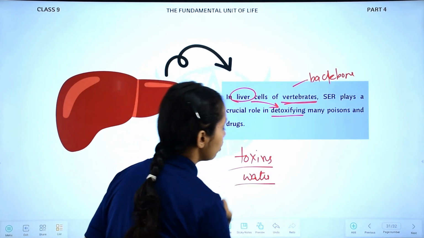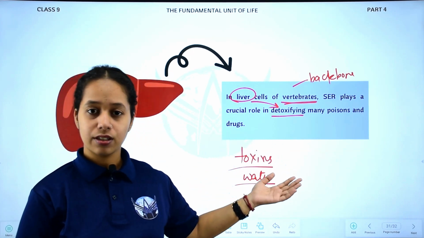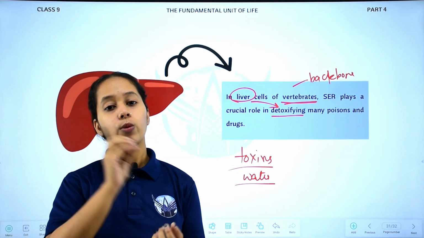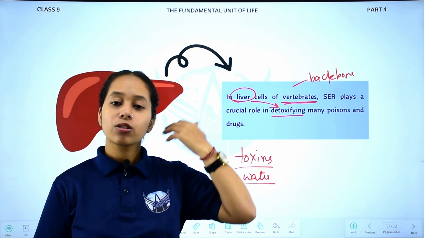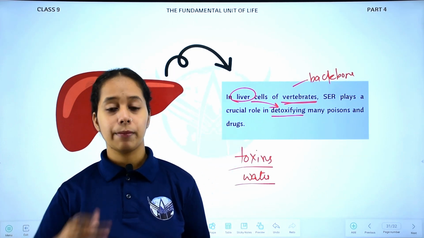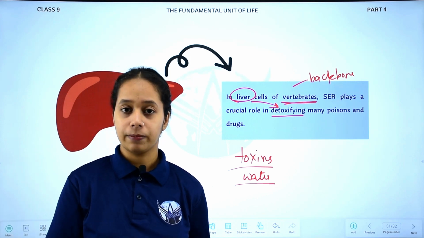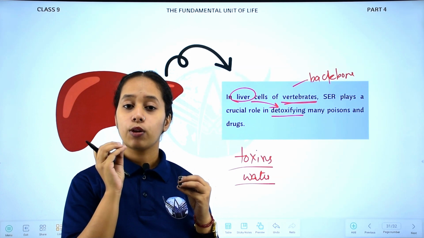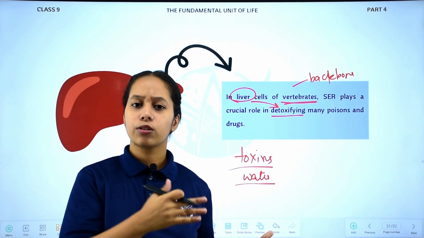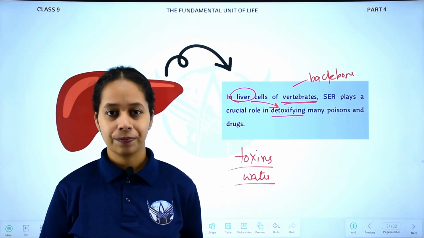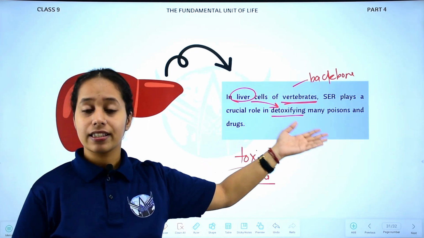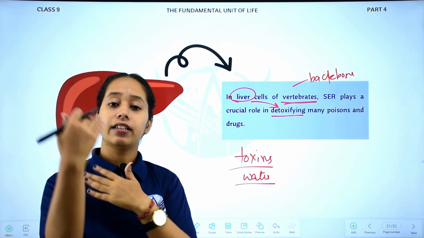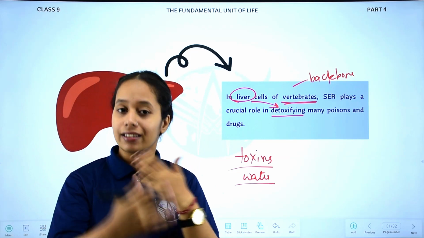Urine is mostly water. So for toxins to get excreted via urine, the toxins need to be water soluble. And not all toxins are water soluble. There are many toxins which are water insoluble, meaning they will not dissolve in the urine and our body will not be able to throw them out. So the enzymes of SER act as a catalyst.